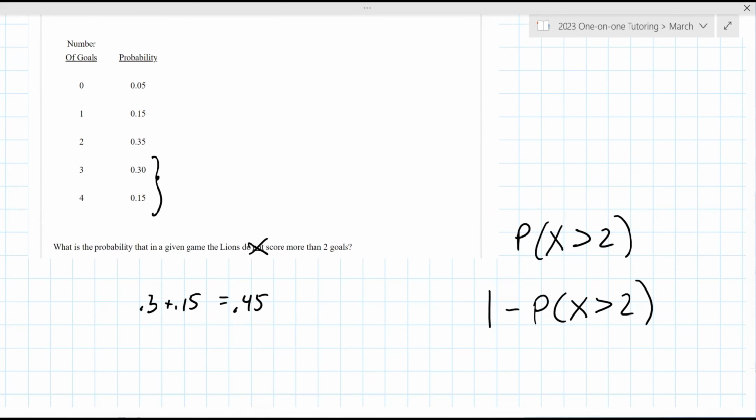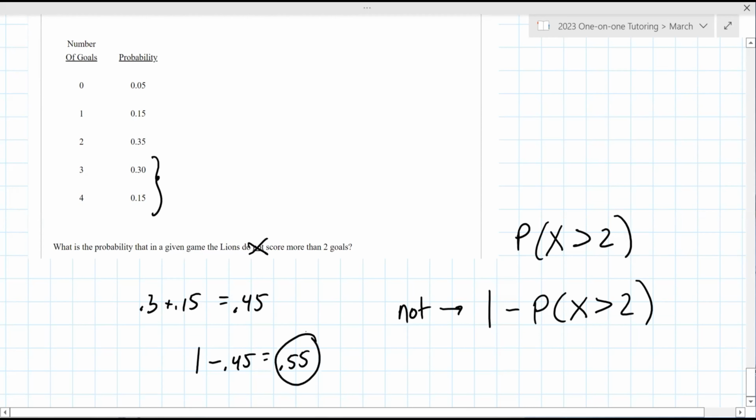But because we want the not, which is this one down here, you have to take 1 minus that value, and that is your final answer.